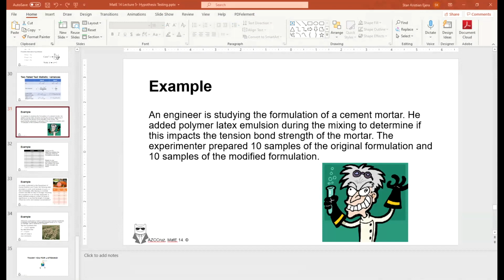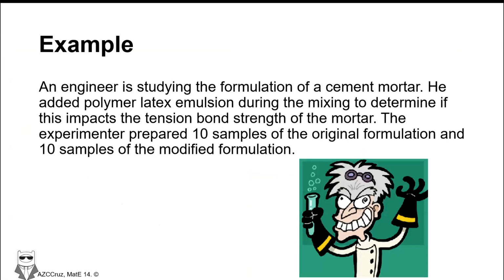Okay? So, the thing about this type of problem is, first let's identify na kung ano yung type of ano siya. Meron na kayong idea? Anong case? Case muna. We're comparing two. Would this be, there are equal samples, no? 10 samples original, 10 samples modified.